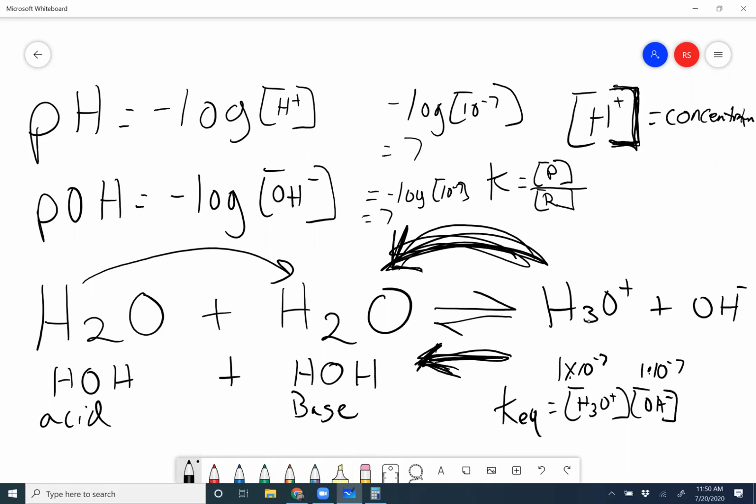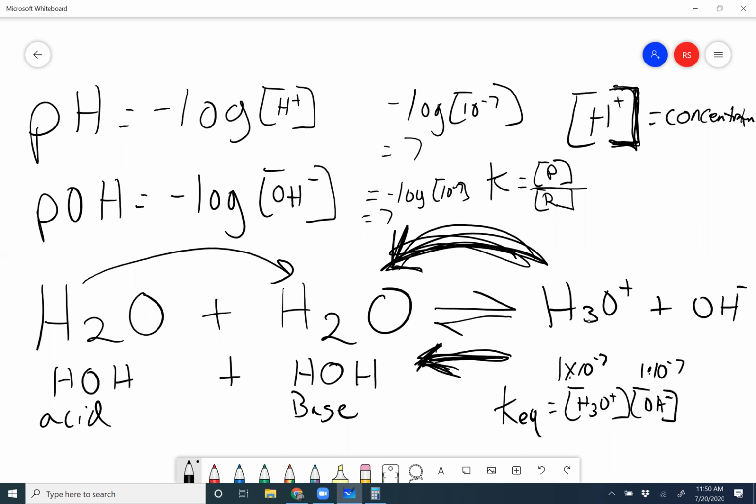So the reason why water is considered neutral and 7 is considered a neutral pH is because you will always have some extremely tiny amount of hydronium and hydroxide because water will ionize itself.